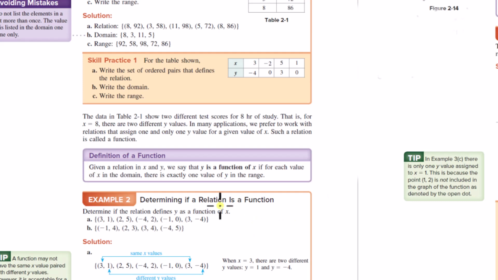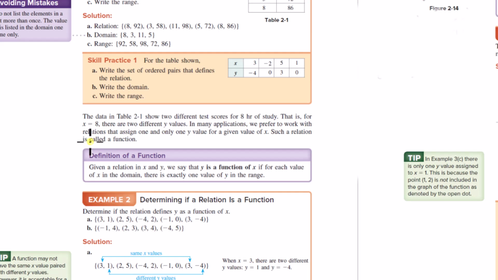Okay, so it says here, the data in table 2.1 with the test scores show 2 different test scores for 8 hours of study. That is, for x equal to 8, there are 2 different y values. In many applications, we prefer to work with relations that assign one and only one y value for a given value of x.